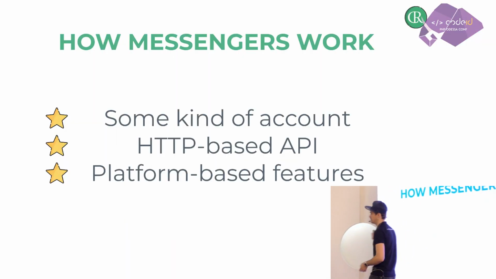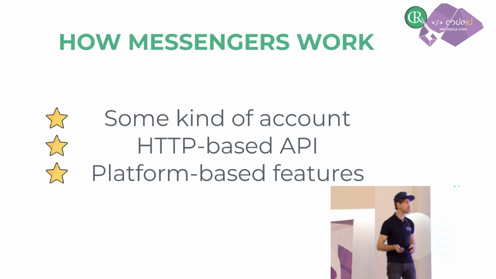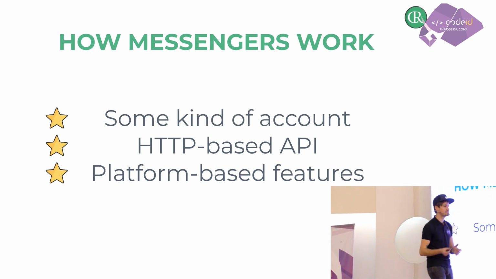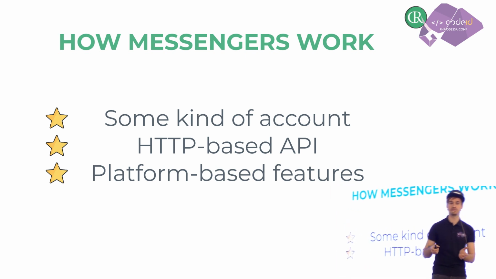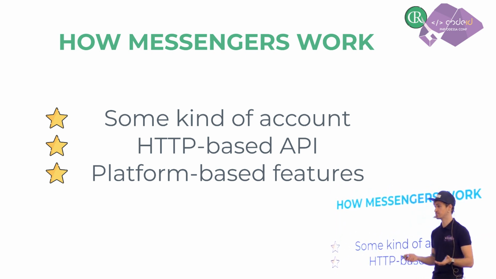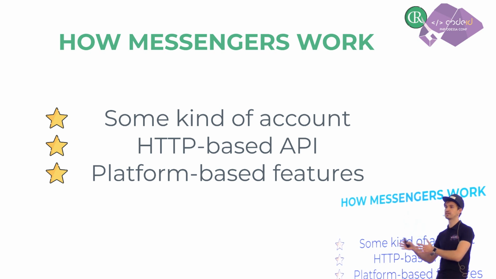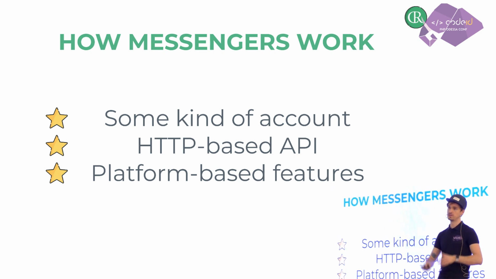Because when I think about how messengers work, they all need some kind of account, so that's pretty easy. Then they all have HTTP-based APIs, so that's pretty simple. And then, of course, they have platform-specific features. So Facebook features are different from the features on Telegram and so on.